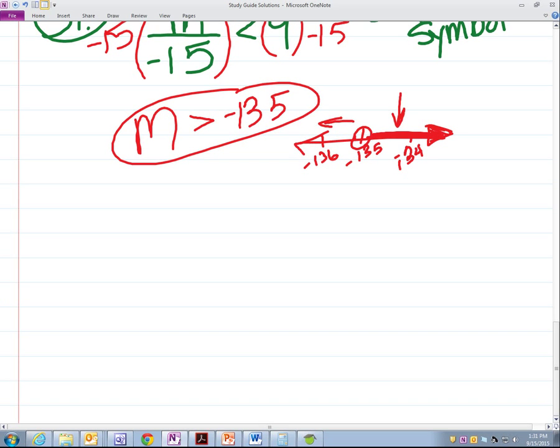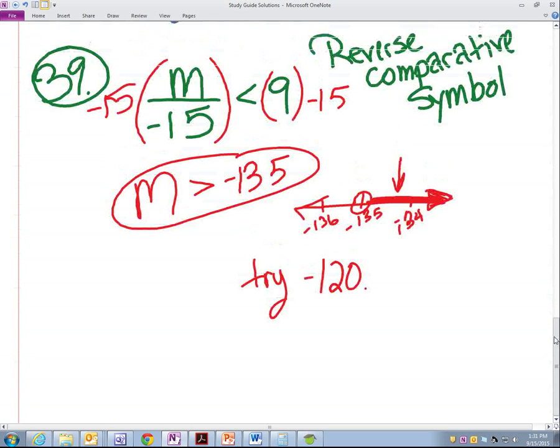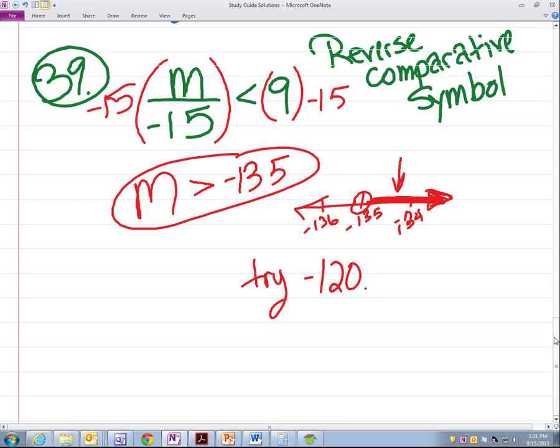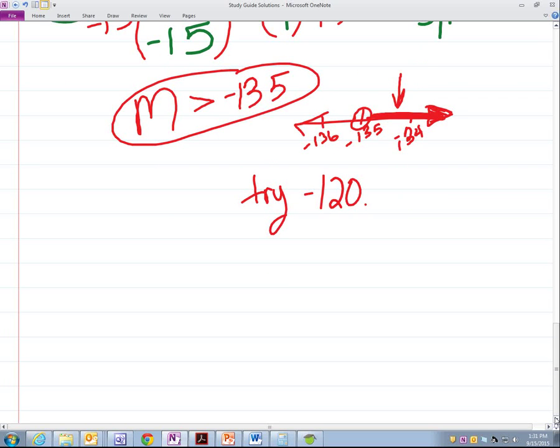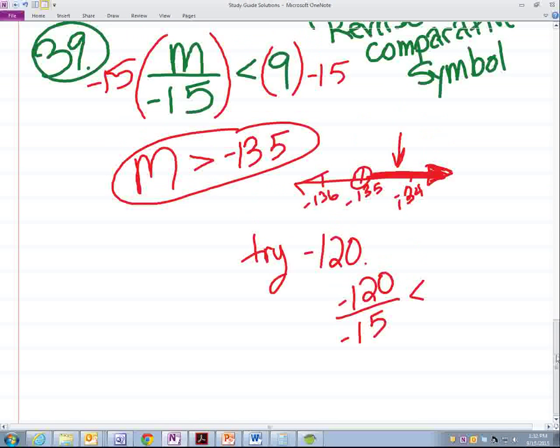That's not on the line. Okay, negative 120. So I'm going to try negative 120. In order to do that, I have to plug that number in as the variable. So I'm going to do negative 120 divided by negative 15 is less than 9.